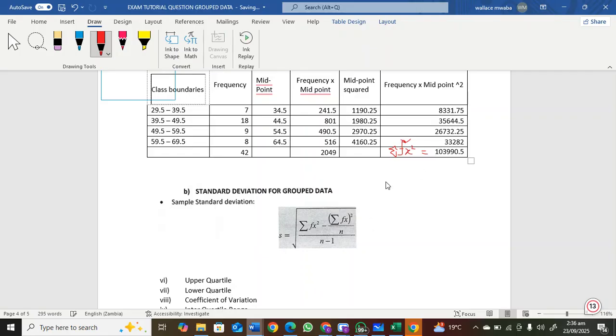This part of our formula, we get it here.